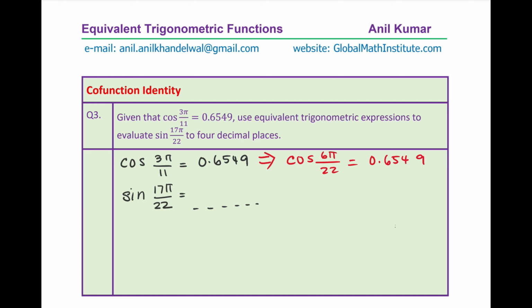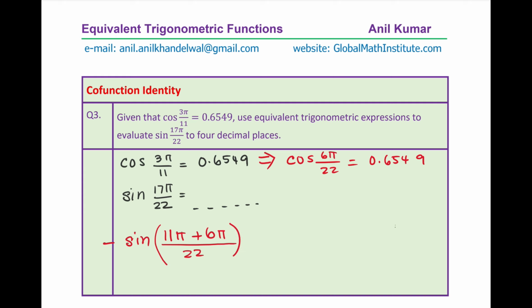We want to find sine. That means we have to write this as pi by 2 plus theta, right? So to figure this out, I can write this as sine of 17 pi by 22. So what is half of 22? Well, 11 is half of 22. So 11 pi plus 6 pi gives me 17 pi, right?